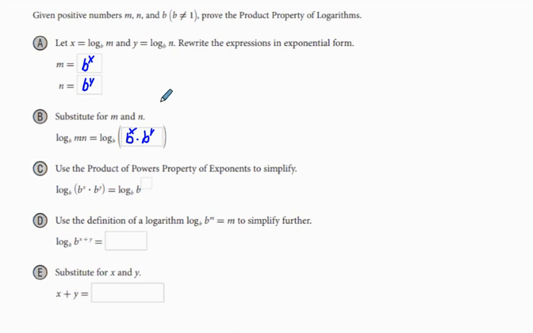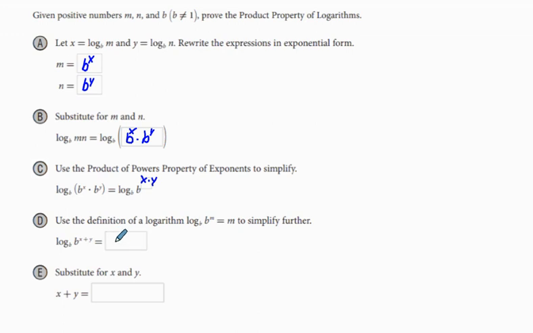So that's one logarithmic property. Use the product of powers. And use the definition of logarithm here. The power property here is going to be log base b of b to the x plus y. And down here, use the definition of logarithm to simplify further.